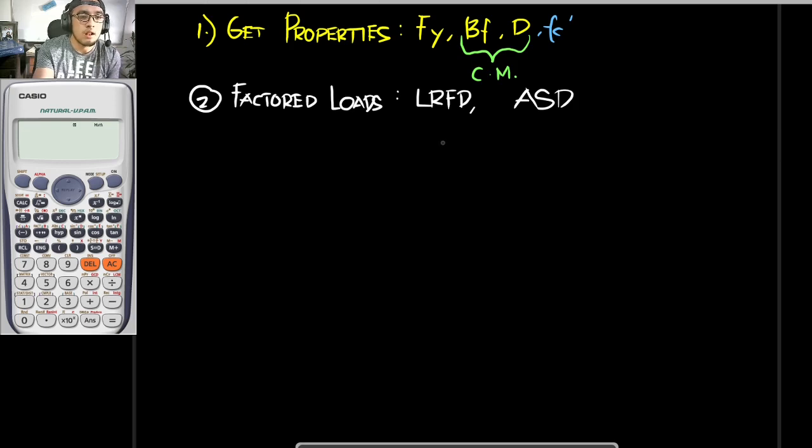And as for our LRFD, that would be our ultimate loads. Okay, so after computing for the factored loads, step 3 naman natin is to compute for the bearing area.